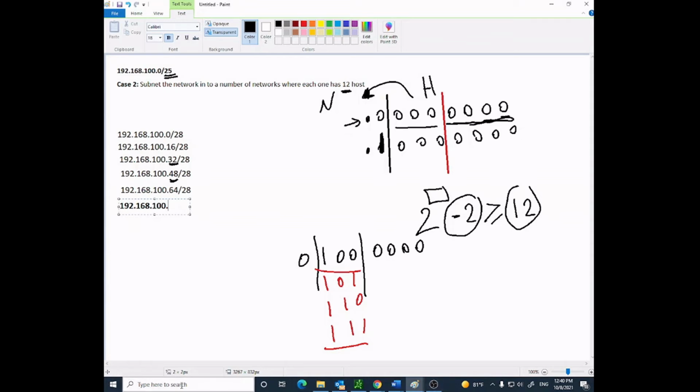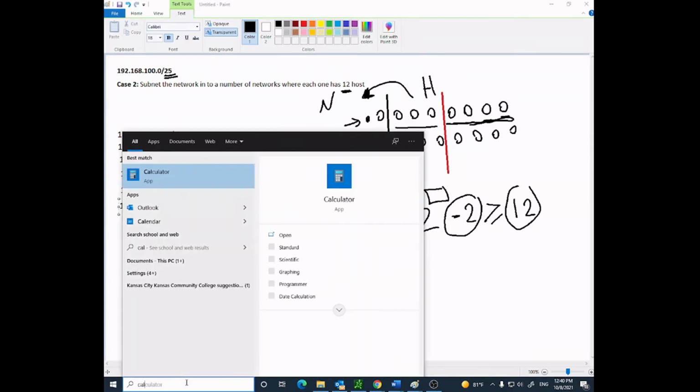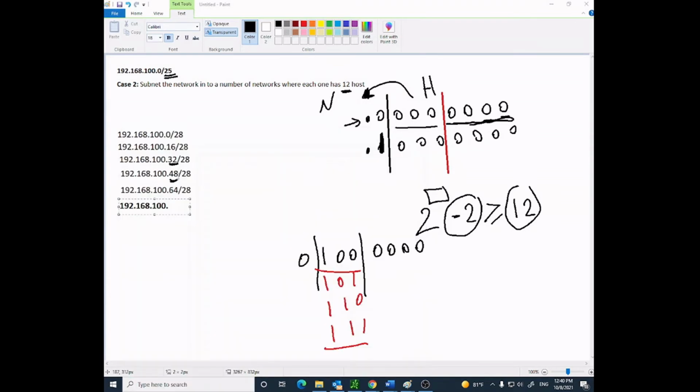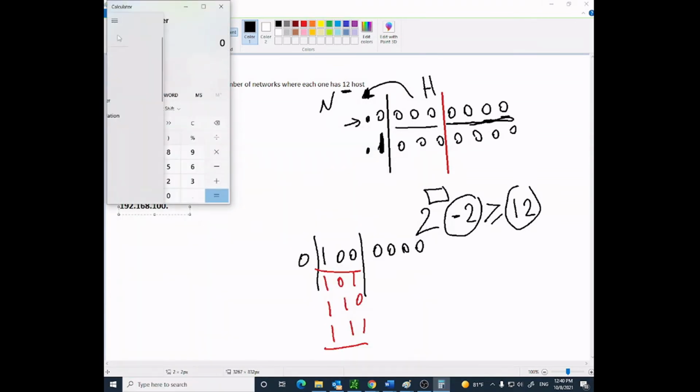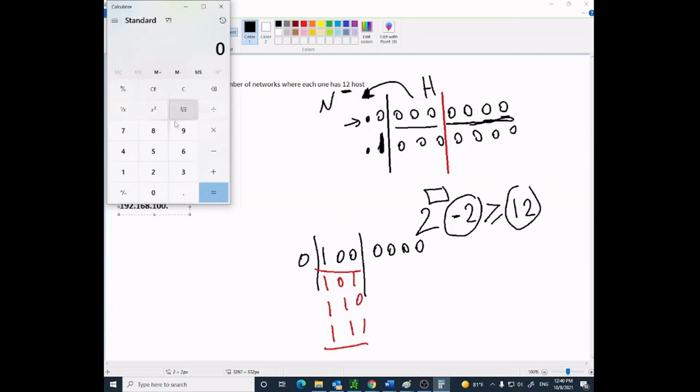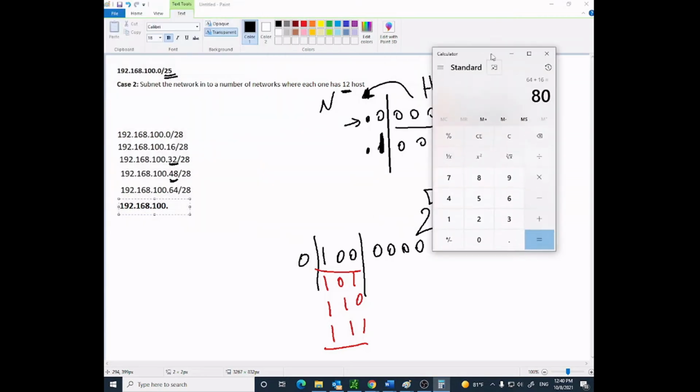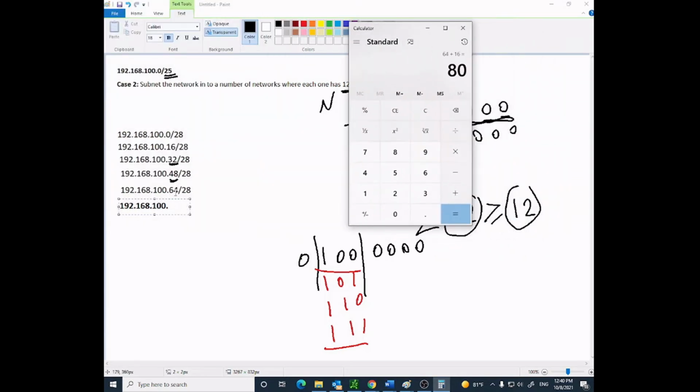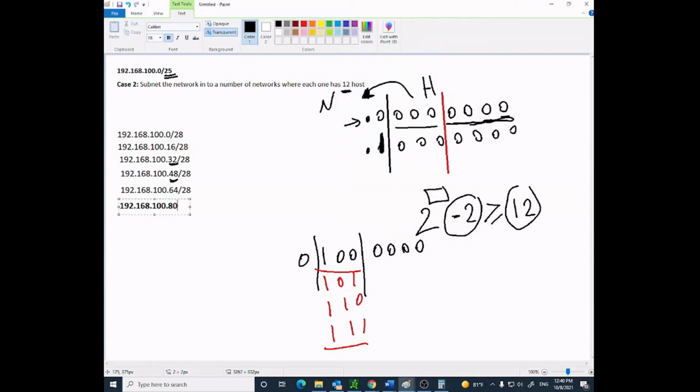I am having one of those moments. I don't want to do simple math, so let's go ahead and hit our basic standard. So 64 plus 16, that's 80. And yeah, if you add 16 to this one, you get 80. So let's go ahead and do that. 80, /28.